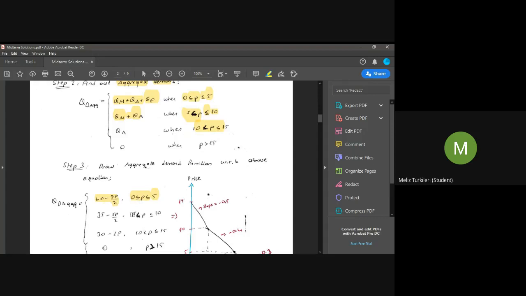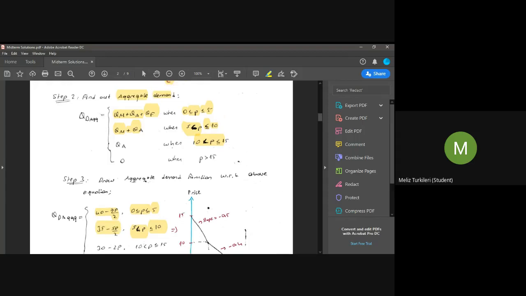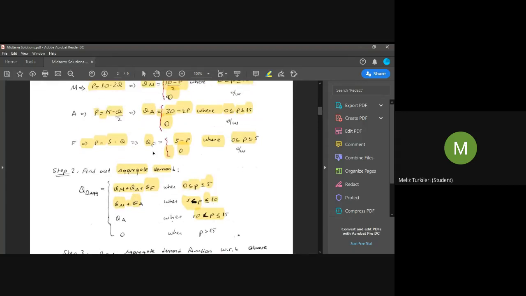When the price is higher than the 5 and equal to or lower than the 10, then the demand equation should be the summation of the first 2 demand functions of the consumers. So this is 35 minus 5p divided by 2. So I just add these two.